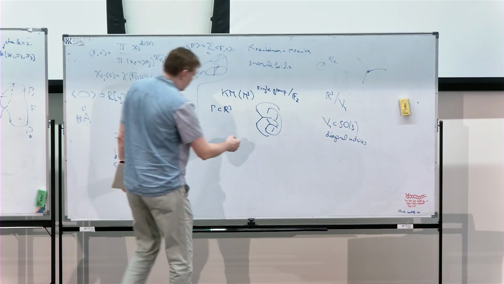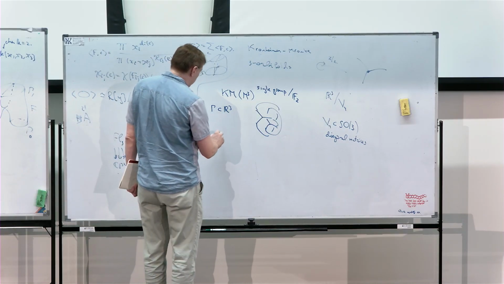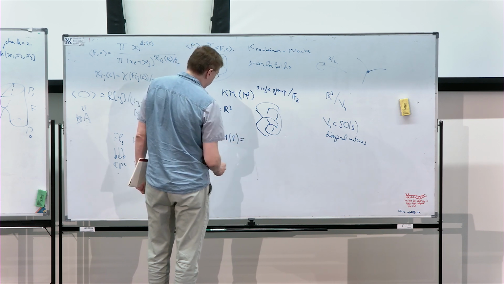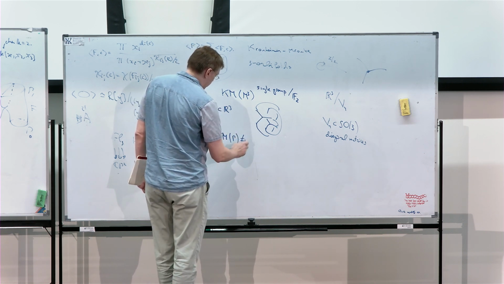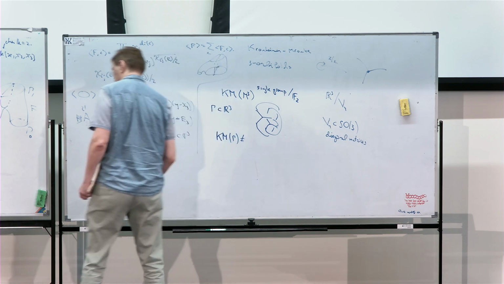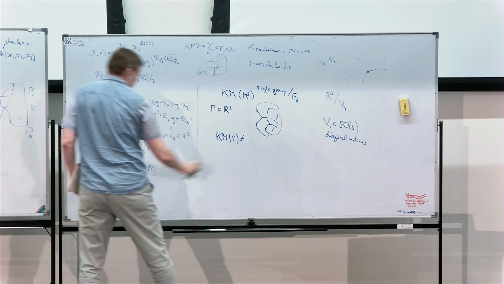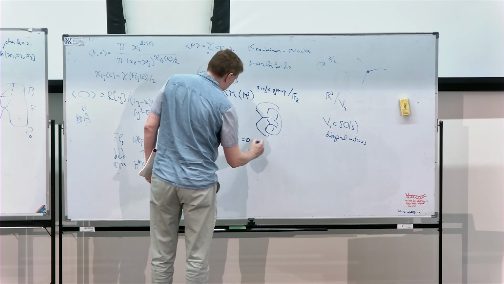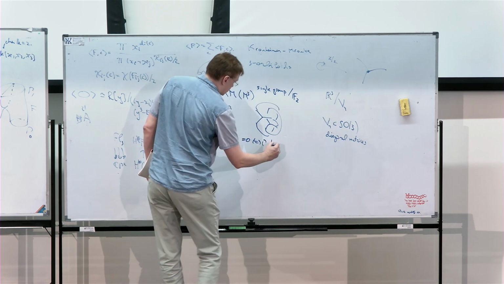And so they have a non-degeneracy result saying that their homology K of the graph gamma is zero if and only if gamma has a bridge.